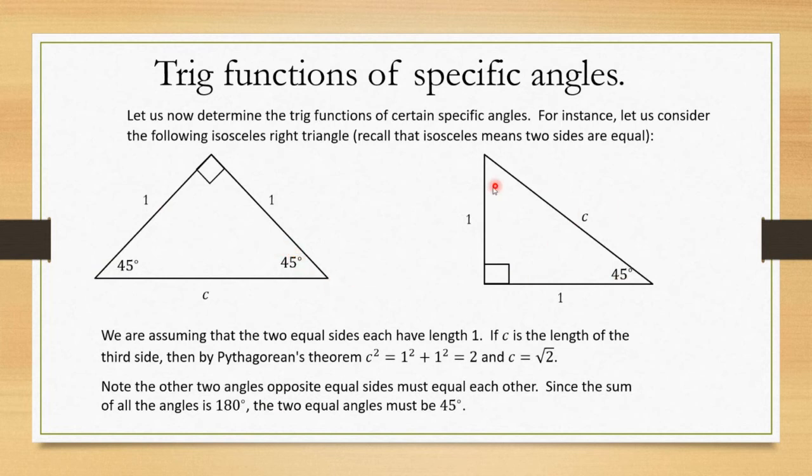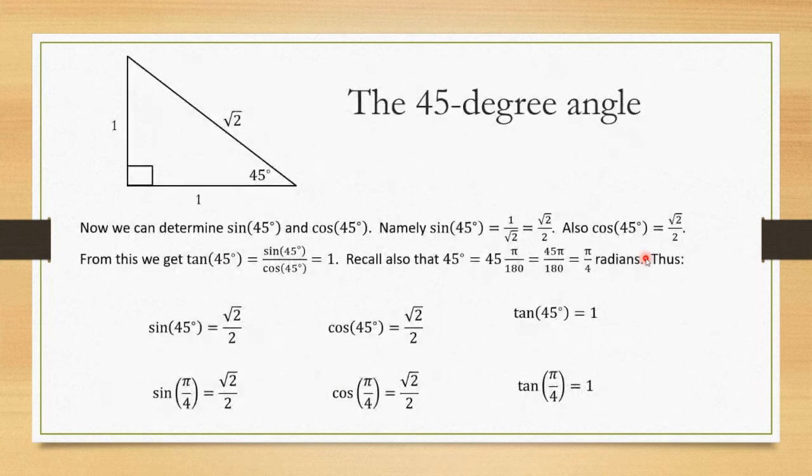But once we have this right triangle, we have 45 degrees here, right? We can now get the trig functions of 45 degrees. And that's what we do here. As you can see, sine of 45 degrees, that's opposite divided by hypotenuse, which is 1 over radical 2.